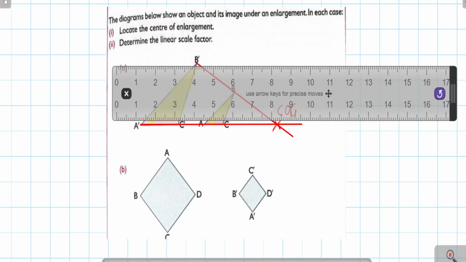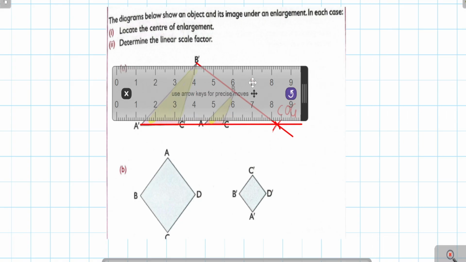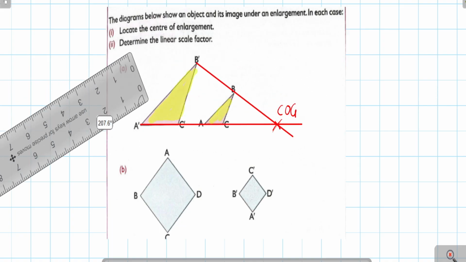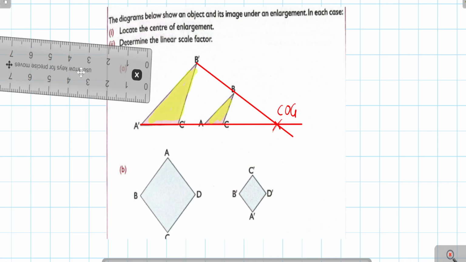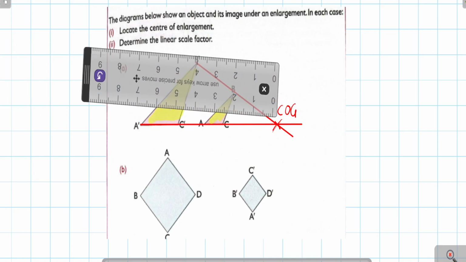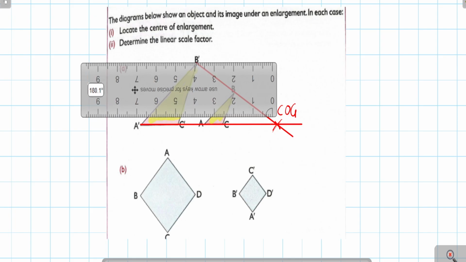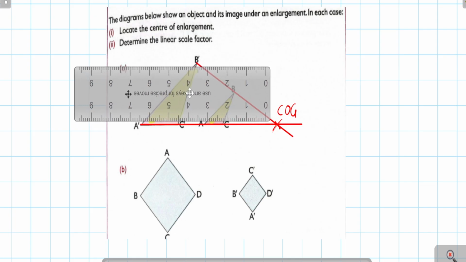So let's find the linear scale factor. So what you just need to do is rotate vizuri so that we can measure it afterwards.